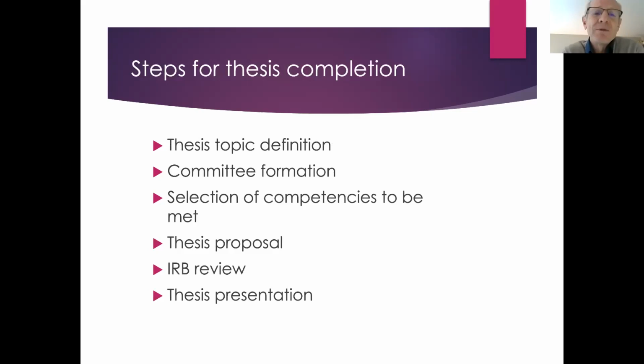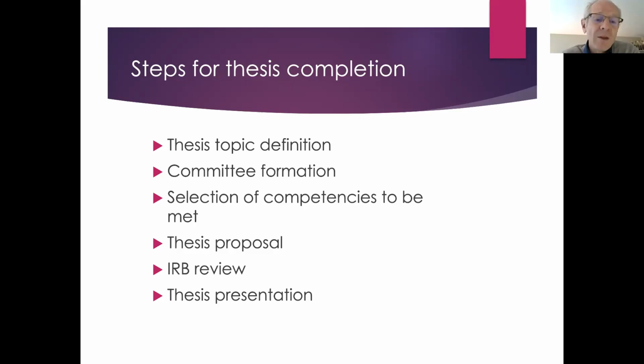So what are the steps for the thesis completion? Overall, first you have to start by defining a thesis topic. We will talk in detail about each one of these. Then you have to put together a thesis committee. You have to select the competencies that are going to be met with your thesis, as Steve described.